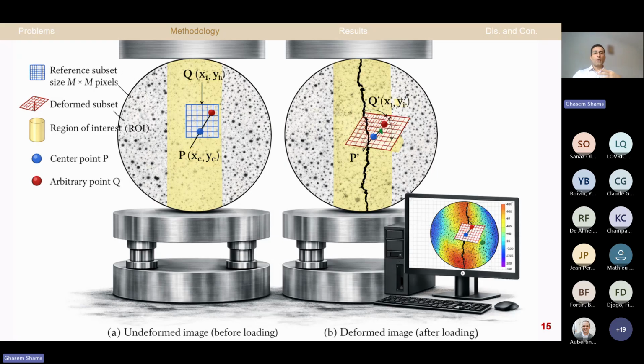And finally, we can map the whole deformation or strain localization over the surface of a specimen. As you can see in the monitor here, is a typical way that we visualize the strain over the surface of a specimen.